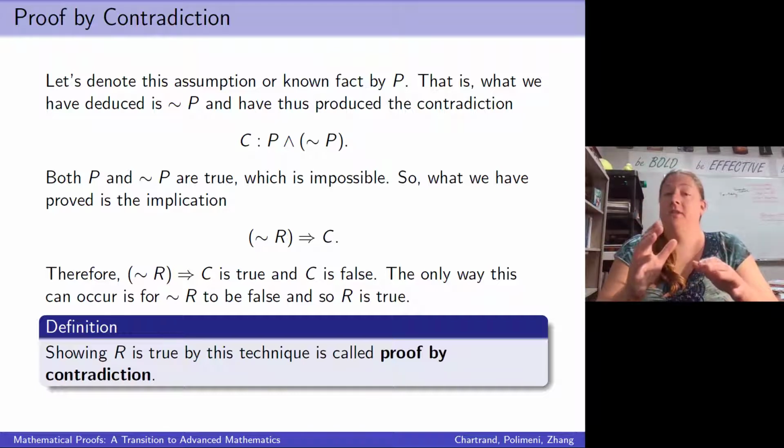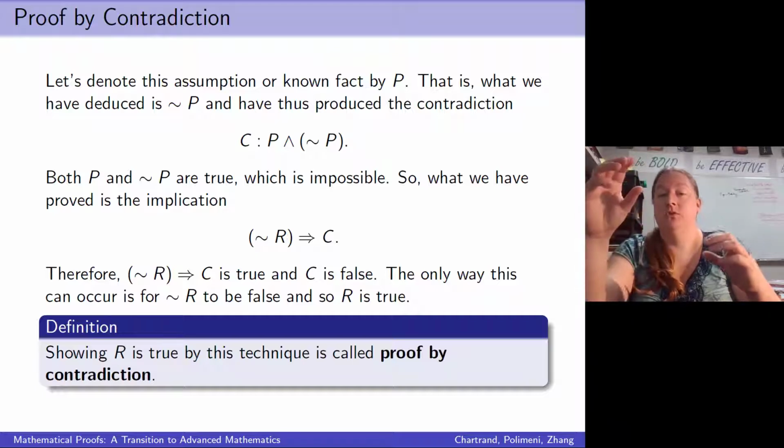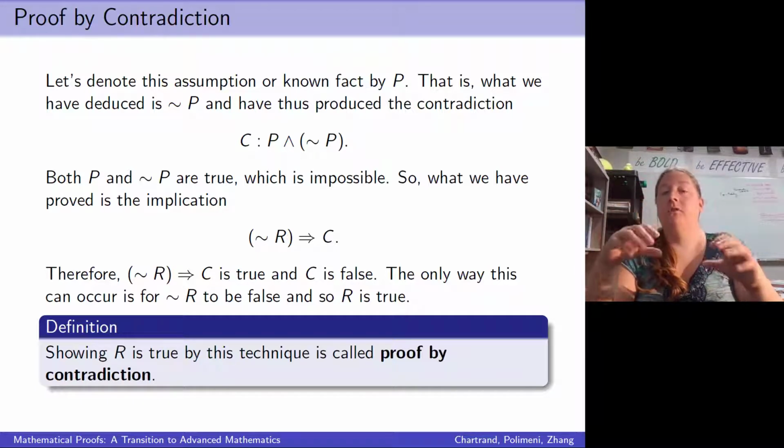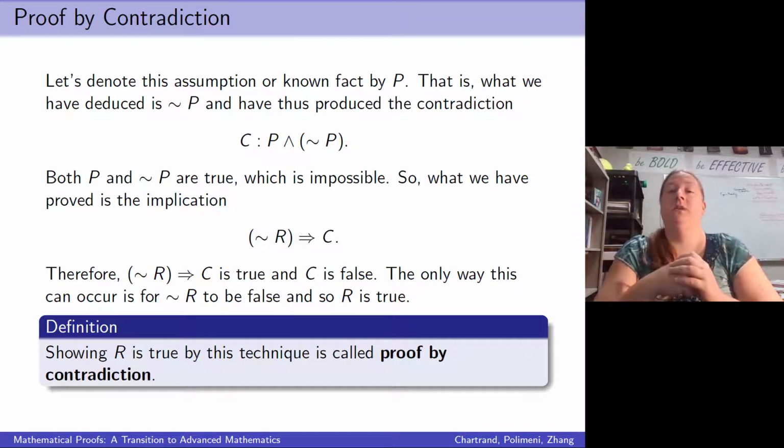And after we assumed that R was false and we worked through some stuff, what we've shown is that not P must be true. Well, if we know P is true and we've shown that not P must also be true, then what we've created is the statement P and not P as a true statement. And we've seen before, back when we were talking about logic, that that's a contradiction.